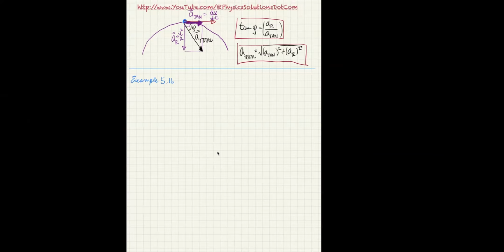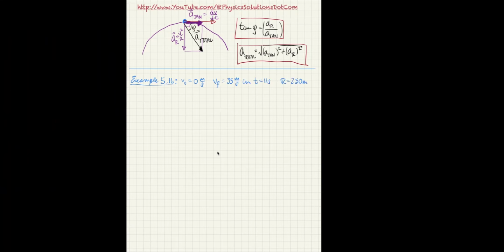So it says a car starts from rest, so that means v0 is equal to 0, and it finishes at a speed of 35 meters per second. So that's v_f equal to 35 meters per second, and it does so in t equals 11 seconds. Moving on a circular track, and the radius of that circular track is 250 meters.